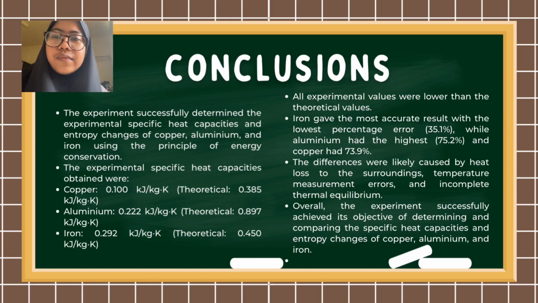All experimental values were lower than the theoretical values, and iron gave the most accurate result with the lowest percentage error, 35.1%, while aluminium had the highest and copper had 73.9%.